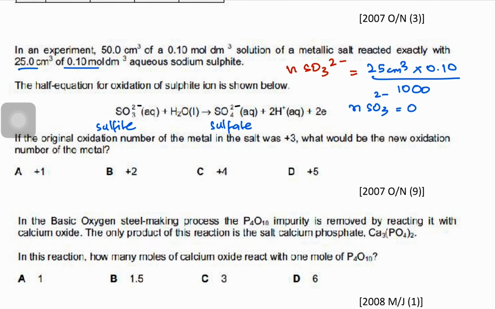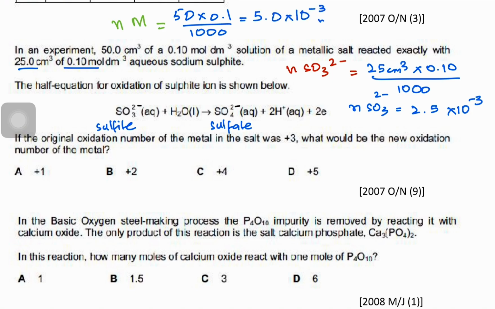That's literally 2.5 × 10^-3 moles. How much metal was required? So when you notice the moles of metal, I don't know what oxidation state it is, but that's going to be 50 times 0.1 divided by 1000. My answer is going to be 5.0 × 10^-3 mole.